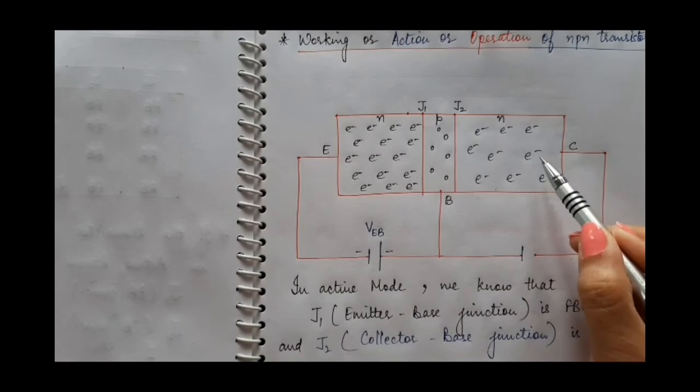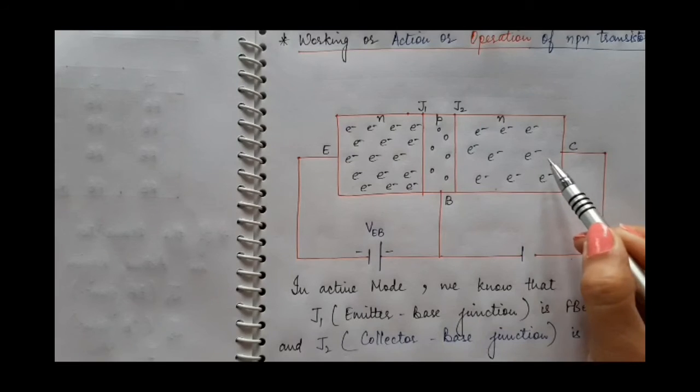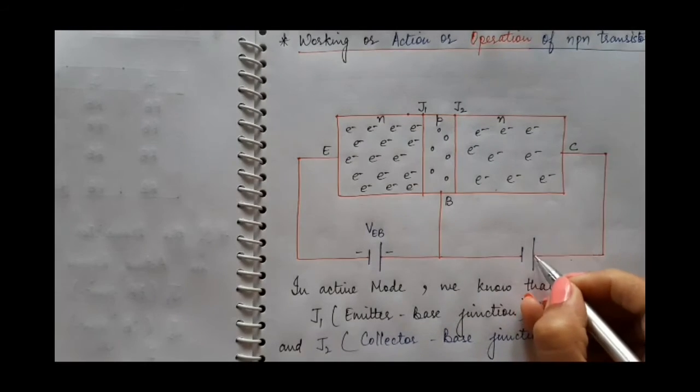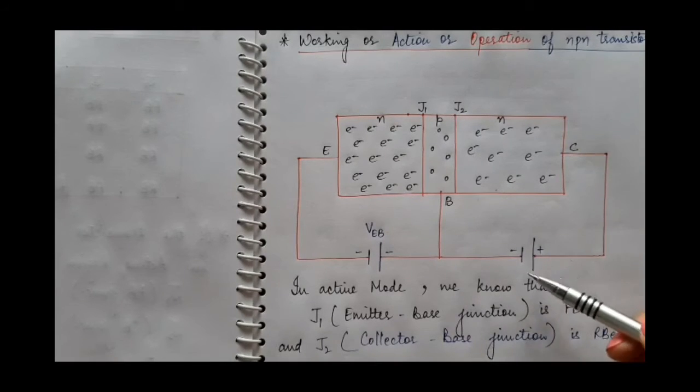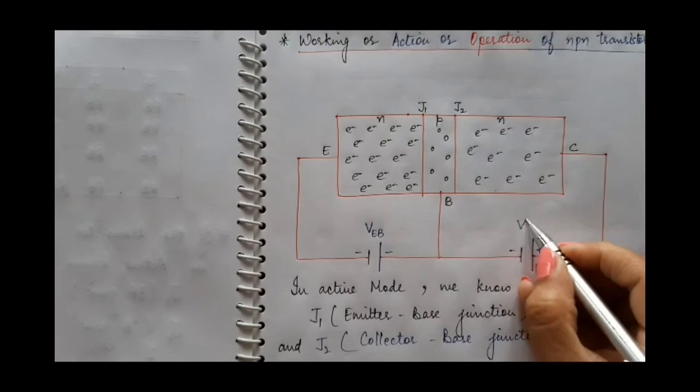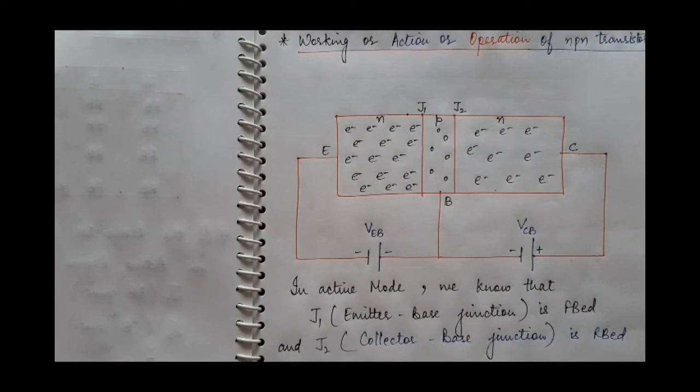Similarly, to reverse bias this N-type collector, we will connect it to the positive terminal of the battery. And as this biasing potential is taken across collector and base, it is known as the collector bias potential.